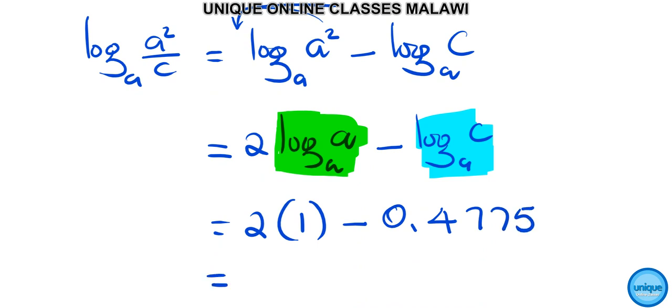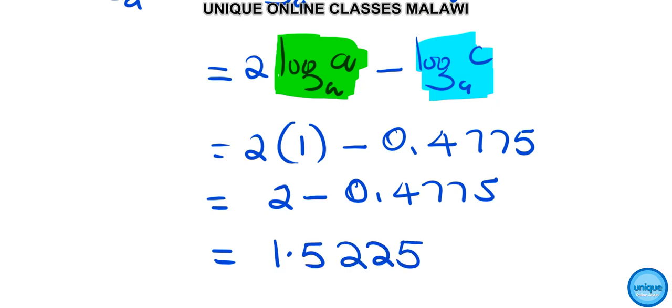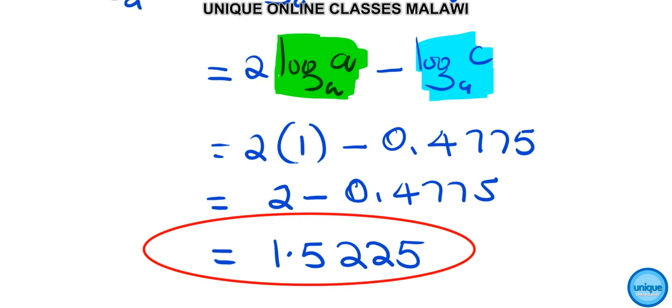So 2 times 1 is 2, then minus 0.4775. If we subtract there, 2 minus 0.4775, the answer is 1.5225.